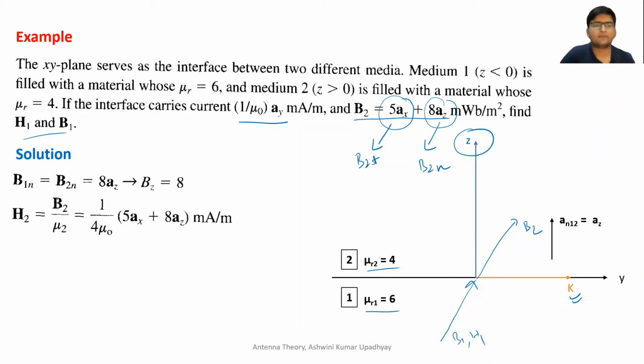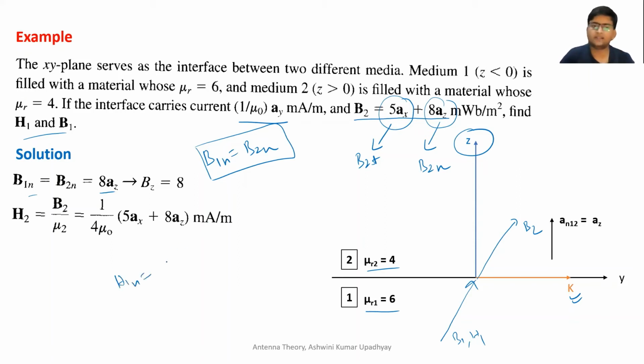So we can say that from the first boundary relation, B1n is always equal to B2n. We just saw this was our first boundary relation for magnetic flux fields. So since B2n is 8az, our B1n is also going to be 8az. Now, if we have calculated the value of B1n, then we can clearly calculate the value of H1n.